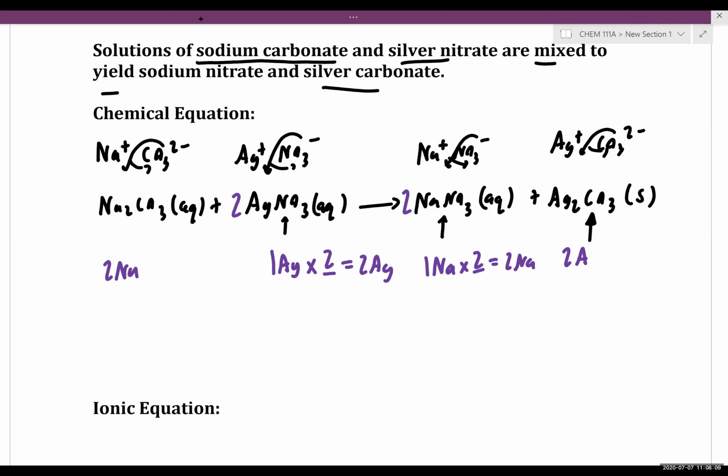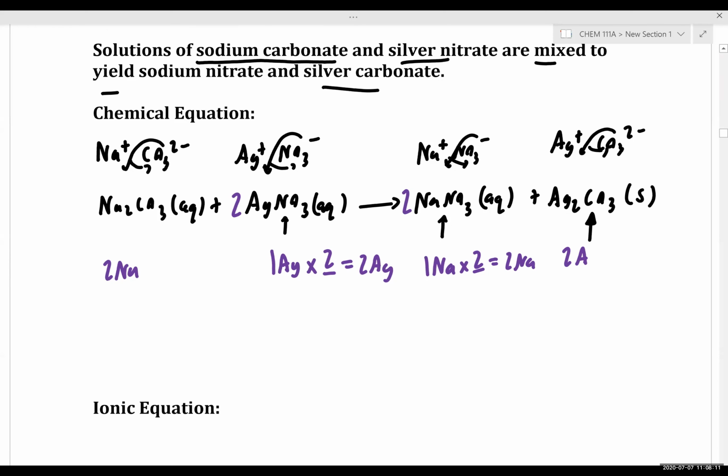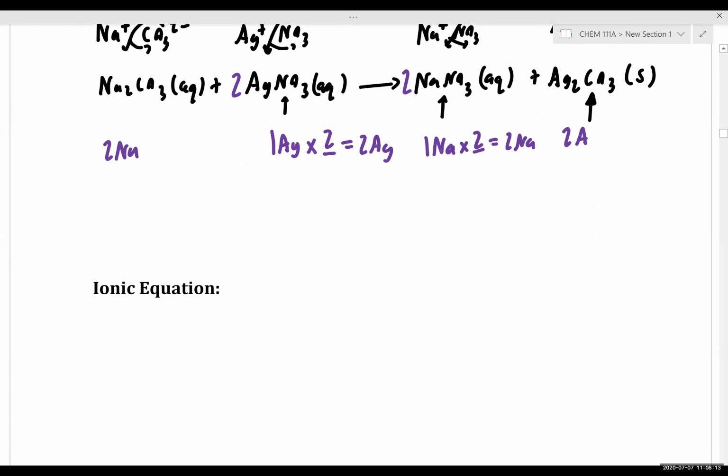Now, for our ionic equation, we're going to dissociate each of our soluble ionic compounds. So sodium carbonate gets dissociated into 2 sodium plus and carbonate CO3 2-. Silver nitrate, do we dissociate silver nitrate into its component ions?